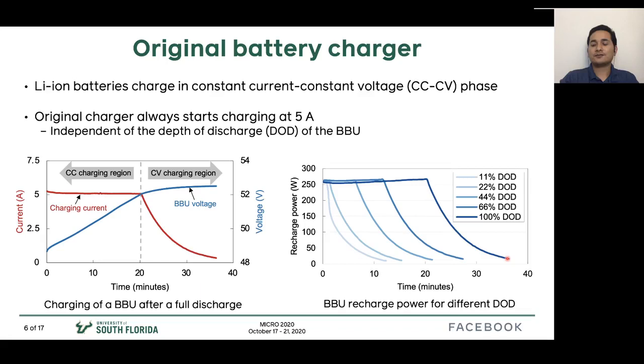If the depth of discharge of the battery is decreased, the time to recharge the battery also decreases, and we see that the decrease is mainly due to shortening of the constant current phase of the charging process. Further, we can note that the initial power, no matter the depth of discharge of the battery, is the same, which results into the power spikes.